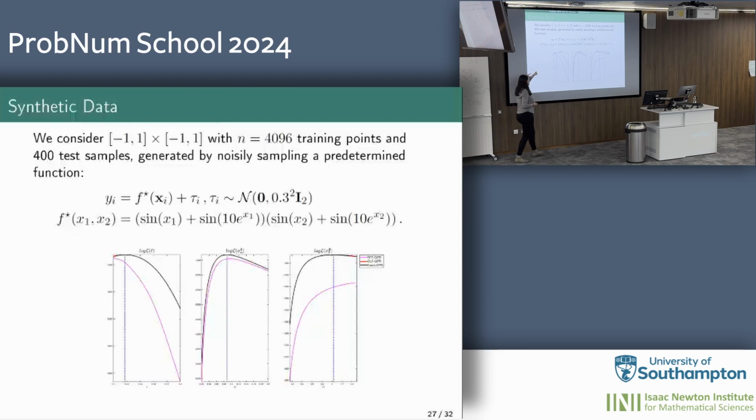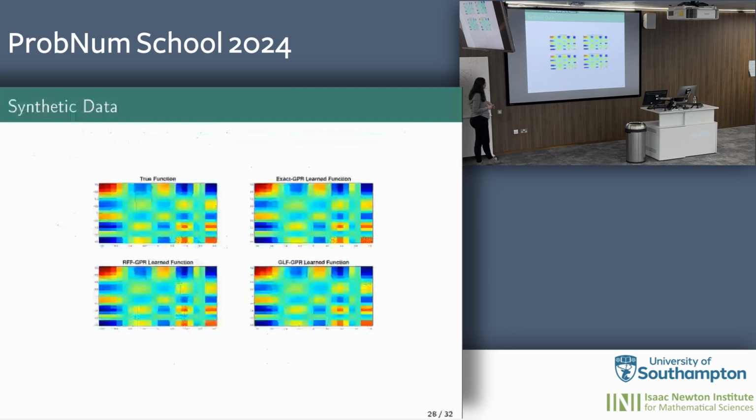The red line, which is exactly on the black line, is the Gauss-Legendre features, and the magenta line is, of course, the RFF method. So you can see that for any of these hyperparameters for the Gaussian kernel, in this example, we have a nice learning. And this is the approximations.